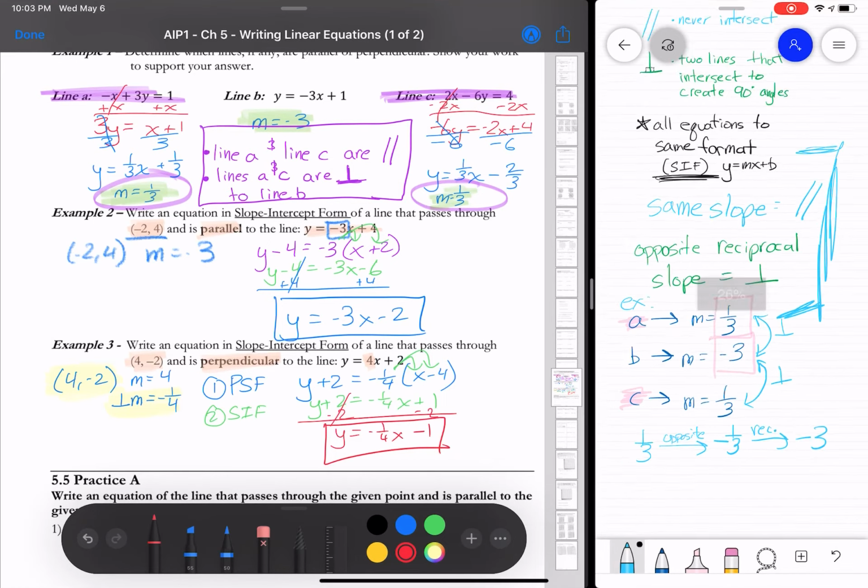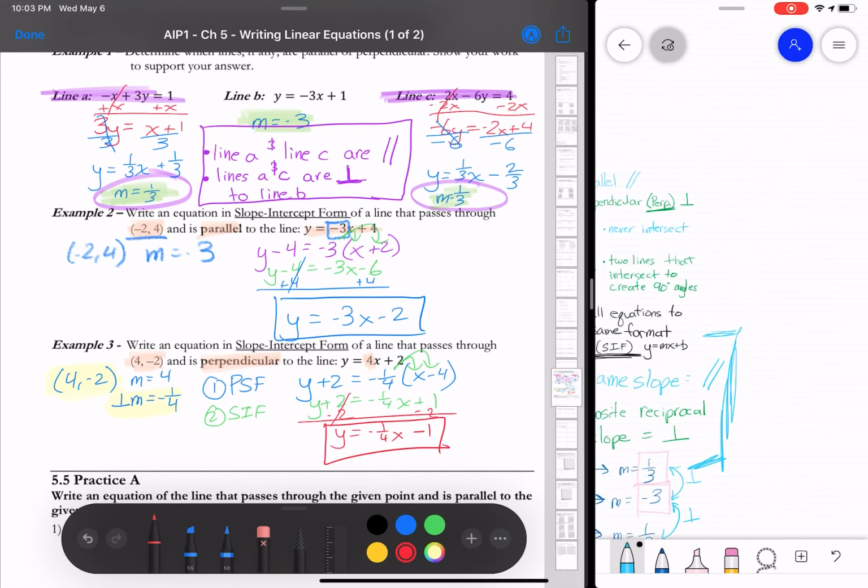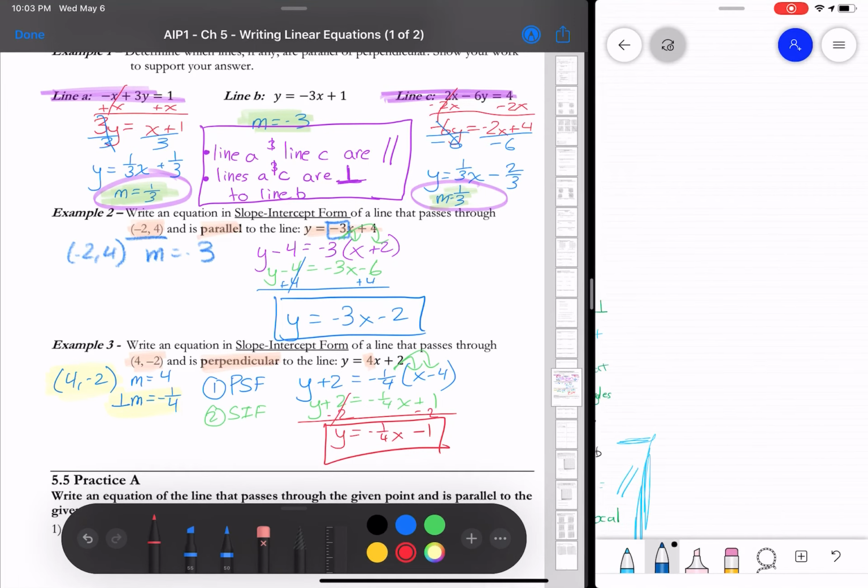So let's just go over the steps real quick. Step one is to figure out what do you have? Just like you did with all the other types of problems, whether it's standard form, slope-intercept, or points. What do I have?